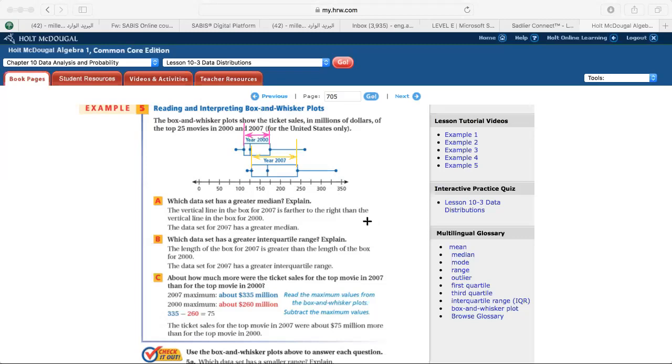So the data set for 2007 has a greater interquartile range. What does this mean? The length of the box shows the IQR, the interquartile range. So the box that is greater has the greater IQR, interquartile range.